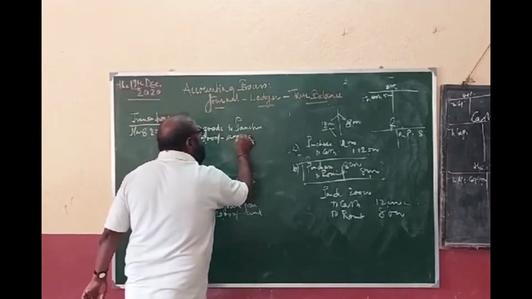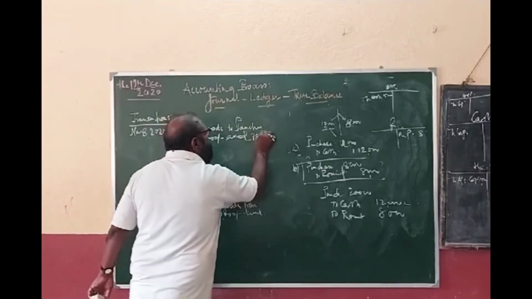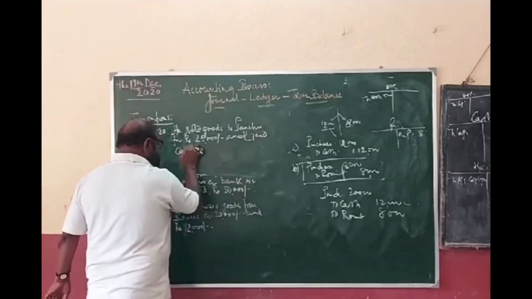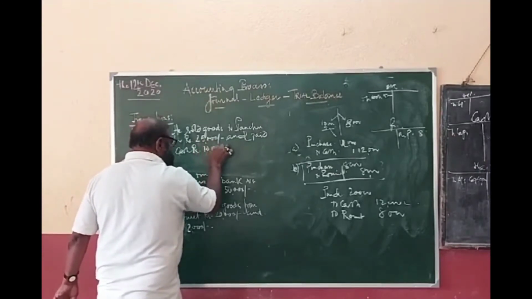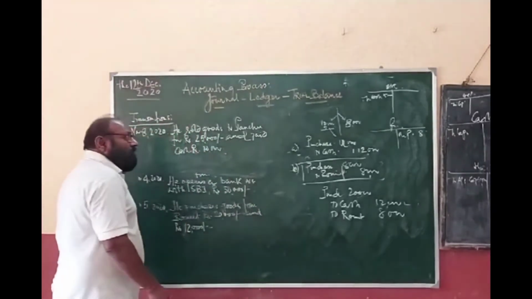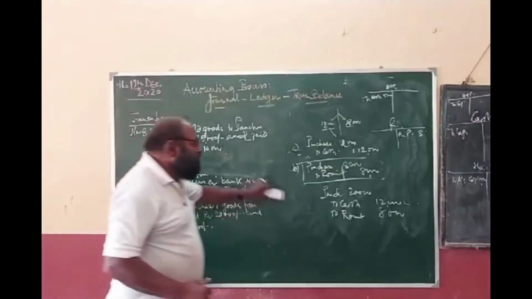And paid cash rupees 10,000. Here, now it is the same balance sheet.